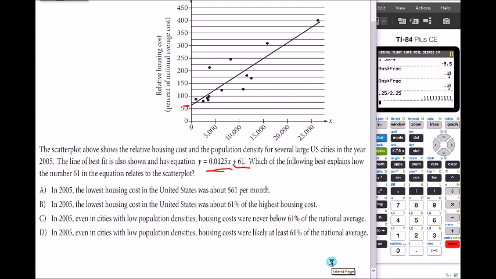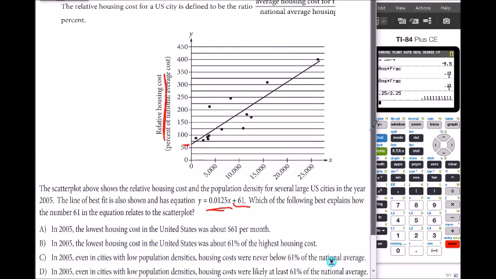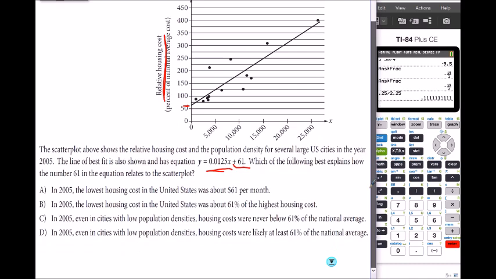So 61 is the relative housing cost, and x was the national average housing cost. So in 2005, it's how much you start for the relative housing cost, you add 61, right?